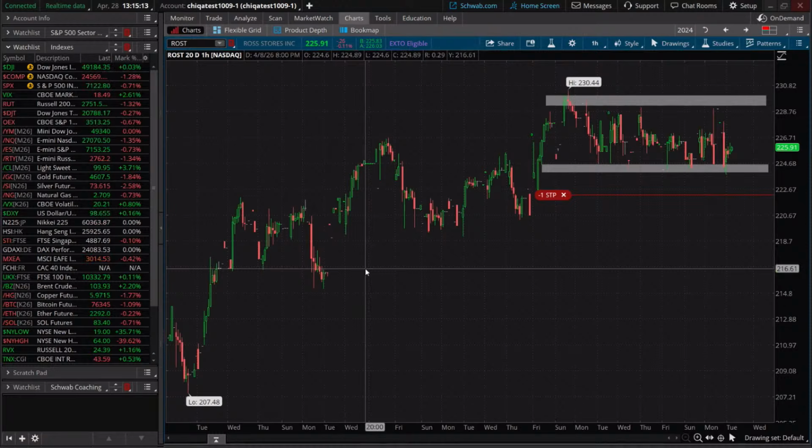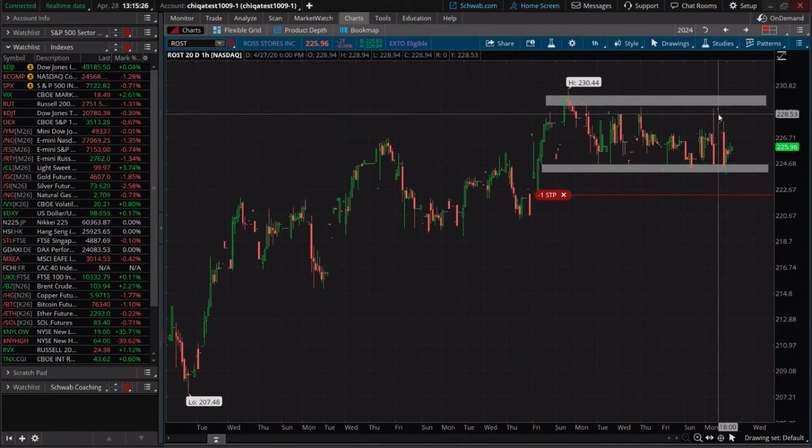And as traders, we know that the market tends to like symmetry in price and symmetry in time. So if this is a $6 range that price has been trading in over the last week and a half or so, we can assume that when it comes time for that stock to eventually break out of this range, whenever it does happen, we could be looking at roughly a $6 move.